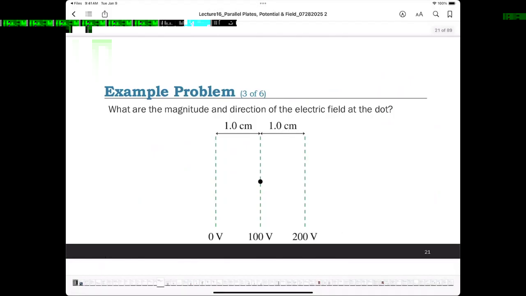In this example problem, what are the magnitude and direction of the electric field at this dot? The green line is the equipotential line, and you know that positive charges slide downhill.